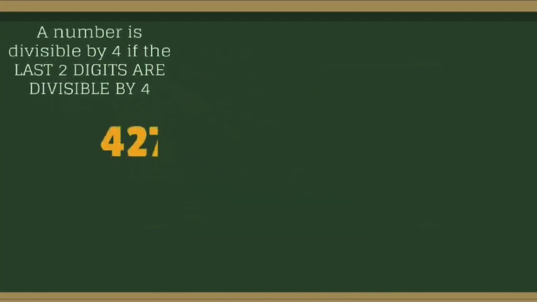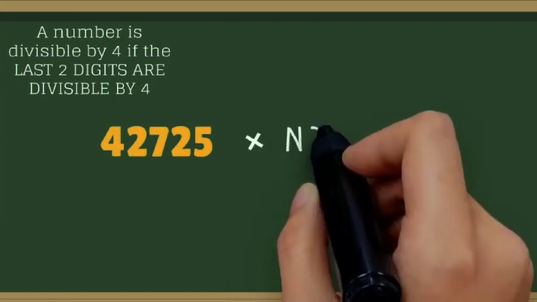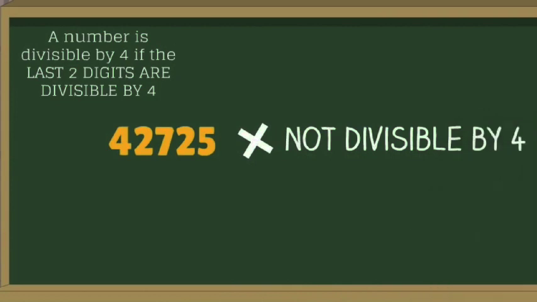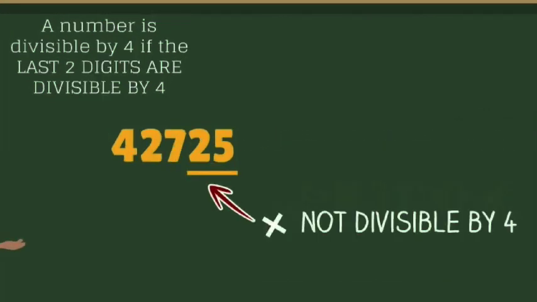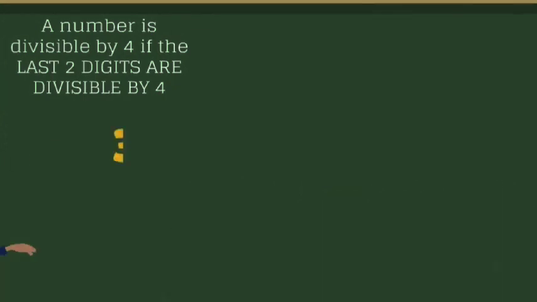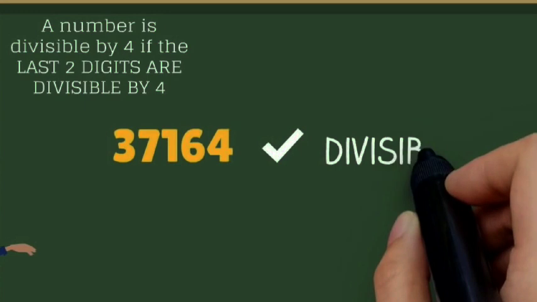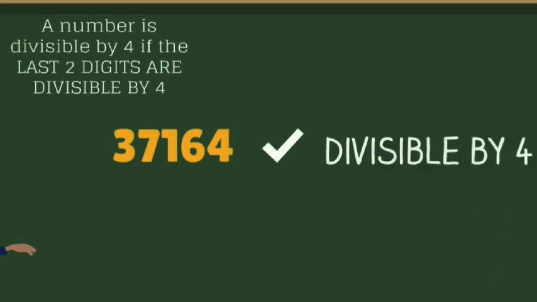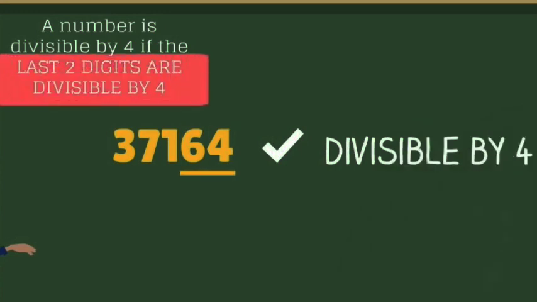If these are divisible by 4, then the number is also divisible by 4. 42,725, for example, is not divisible by 4 as its last two digits are not divisible by 4. On the other hand, 37,164 is divisible by 4 as per the rule, the last two digits being 64. That is divisible by 4.